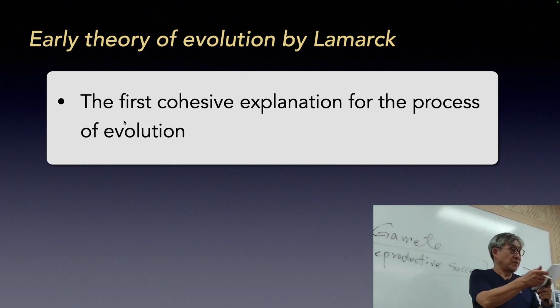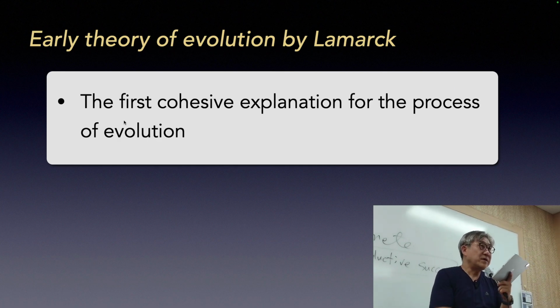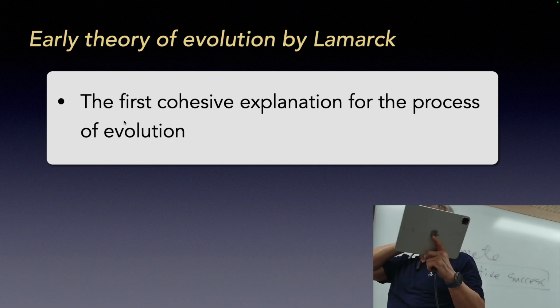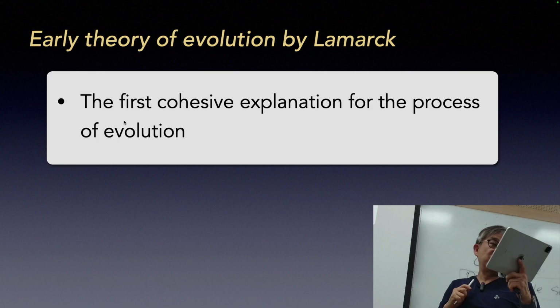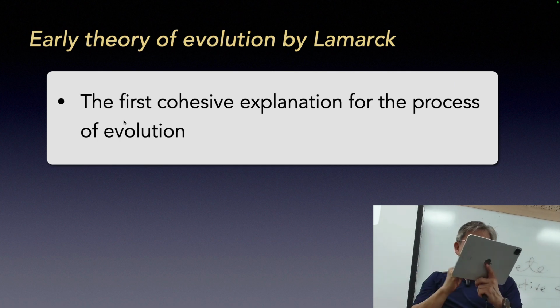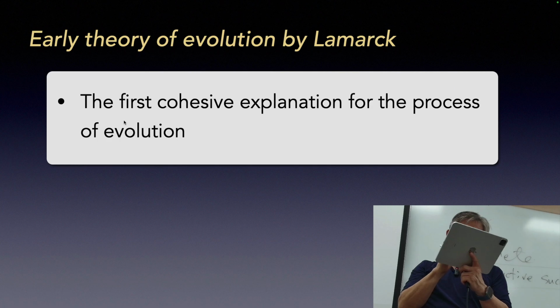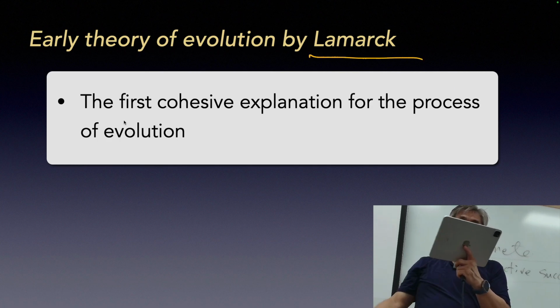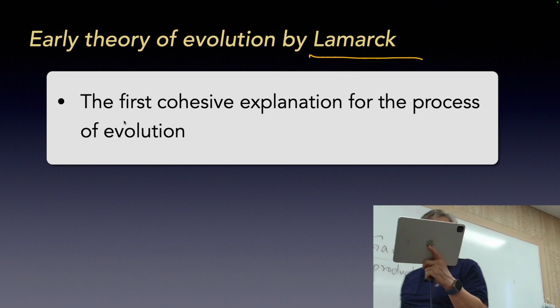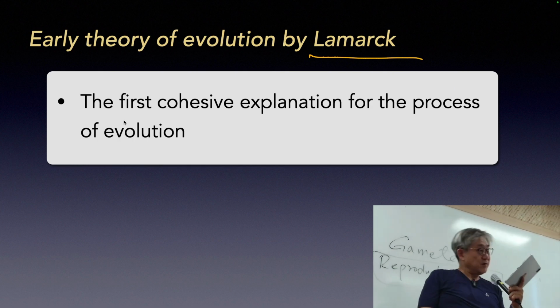Okay. Now, let's try to compare two. At the time, there were two leading theories to explain the process of evolution. The first one was formulated by this renowned naturalist, Jean Baptiste Lamarck.